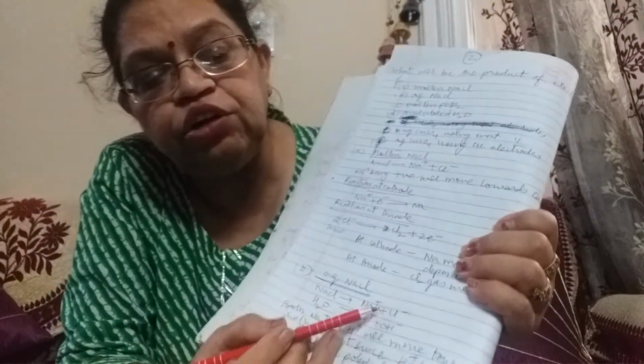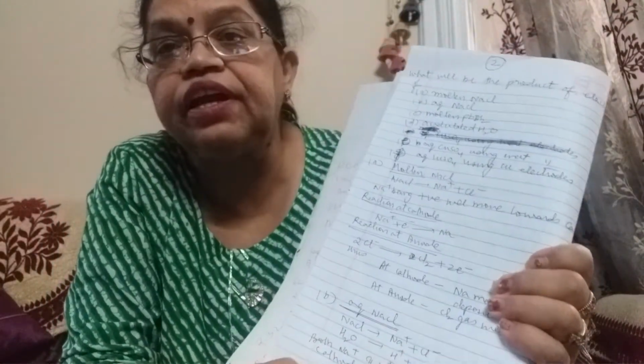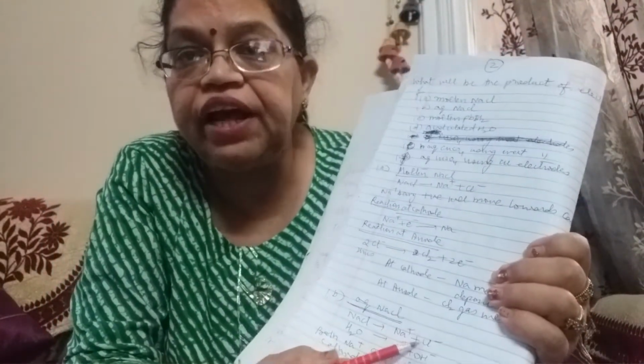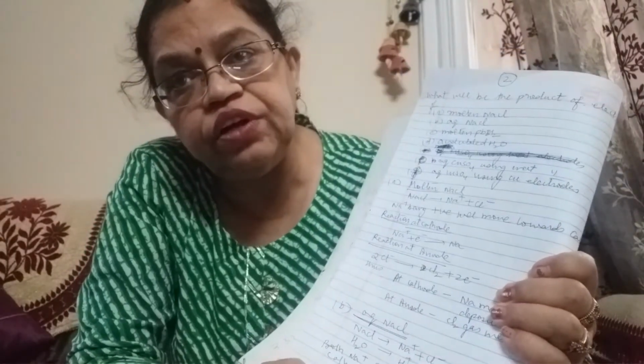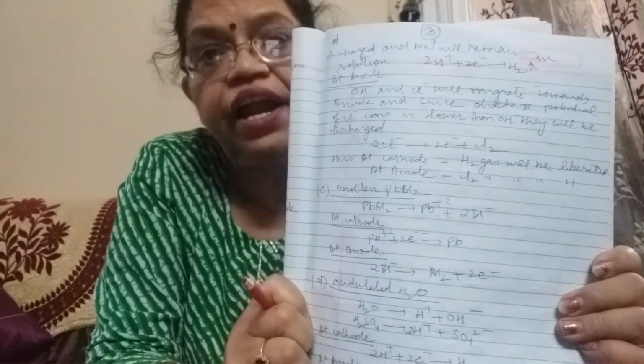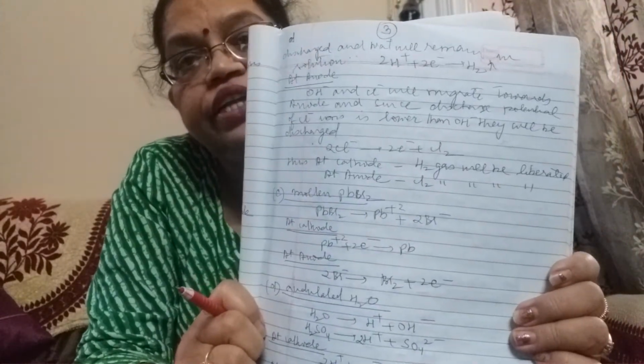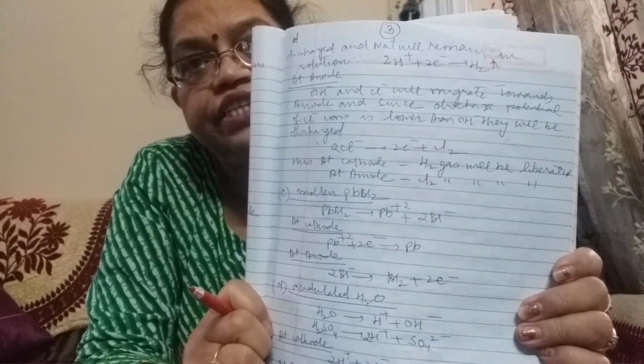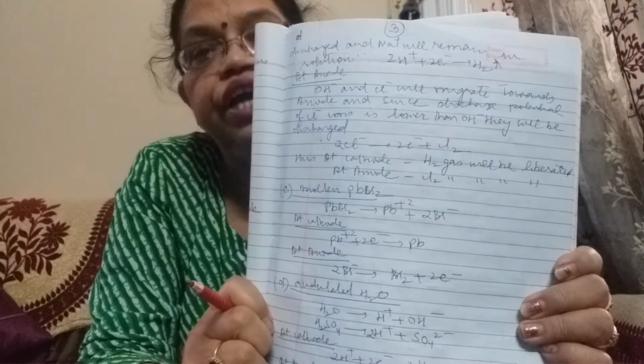Okay? Let's talk about the anode. At the anode, you can clearly see there are two ions: chloride ions and OH ions. Both will move towards the anode. Out of chloride ions and OH ions, chloride ions have lower potential. Hence, chloride ions will get oxidized and change into chlorine gas.